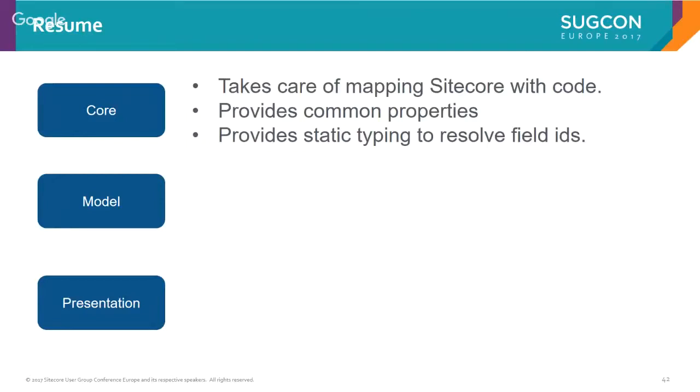And it provides us the static typing, which is one of the big takeaways from this, that you can statically type your way down the object tree and know explicitly what kind of object model you have at this level.